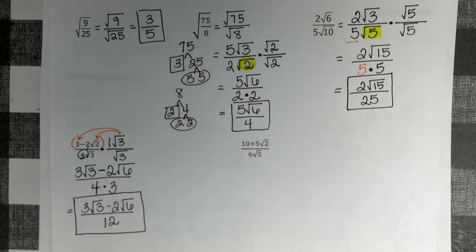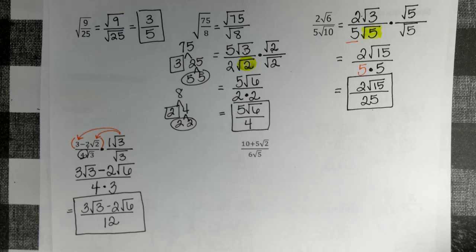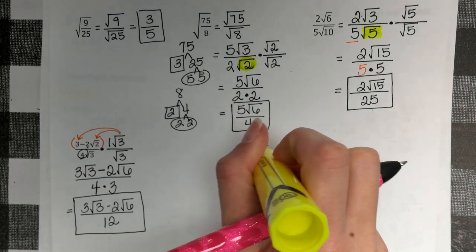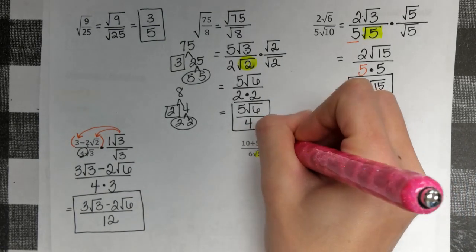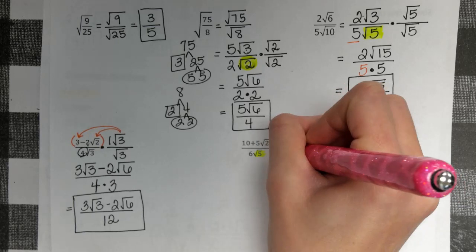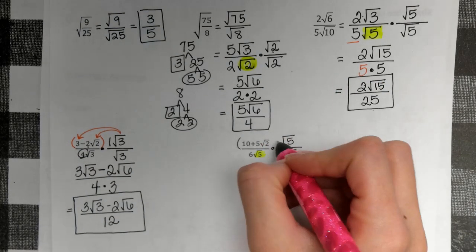Okay, if you don't know where to start, you should start by asking yourself, can I simplify anything? I cannot. So then, what do I need to get rid of? So I multiply by square root of 5 over square root of 5. So I'm going to distribute that.